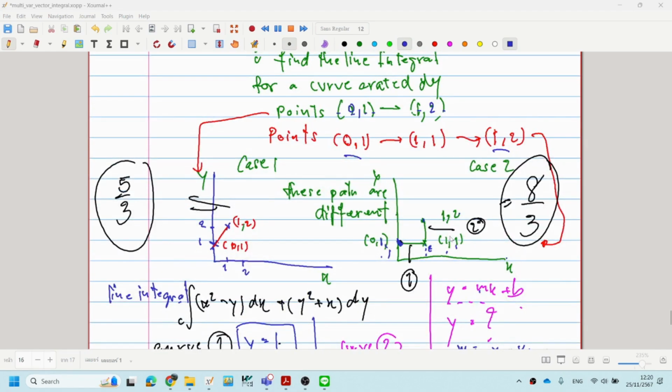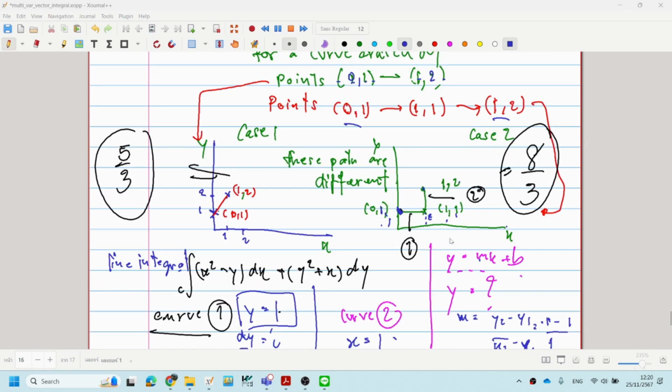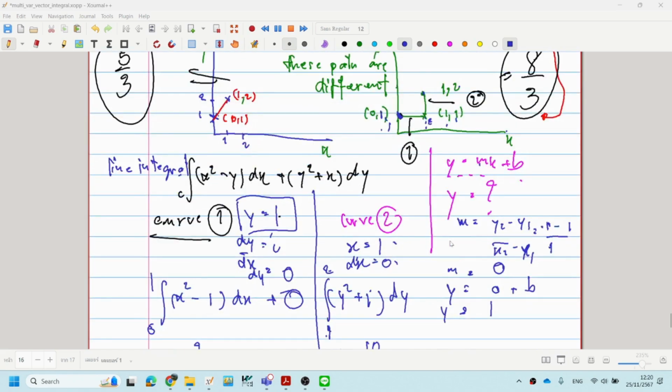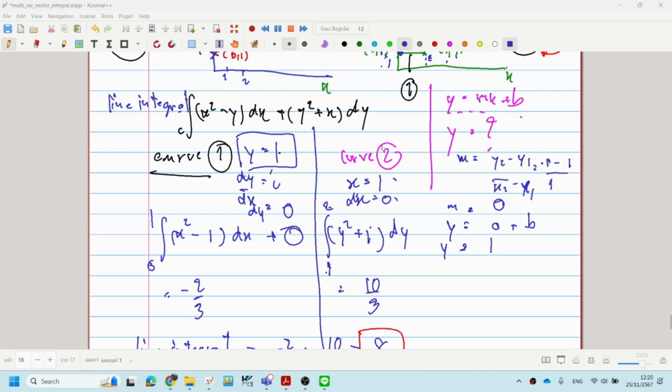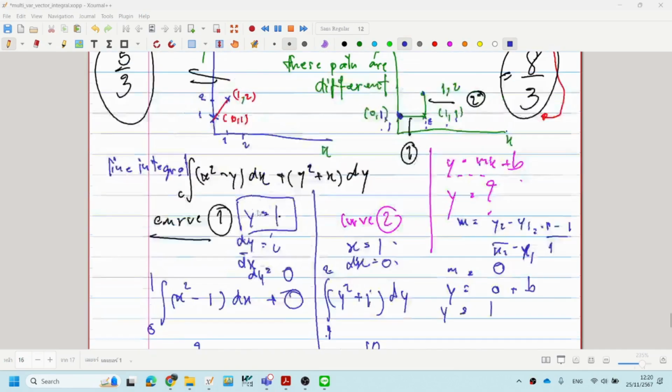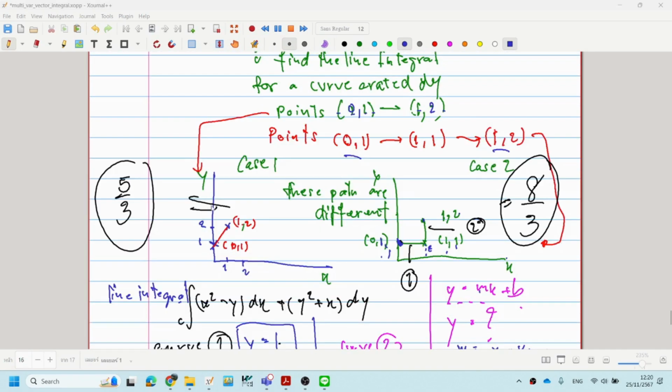How do I explain this situation? This previous example, right here, you got the result: the line integral value for case number 1.